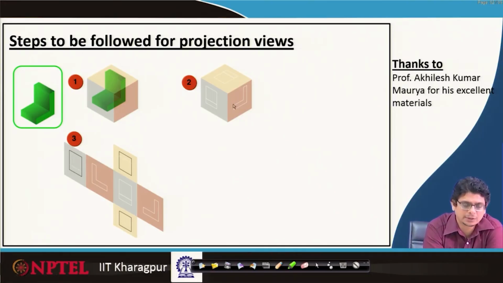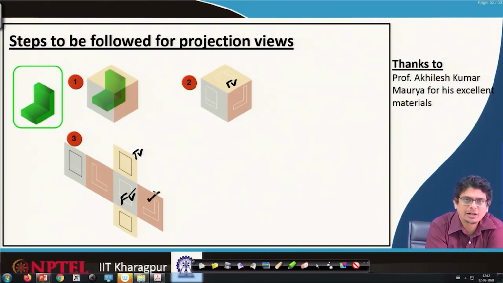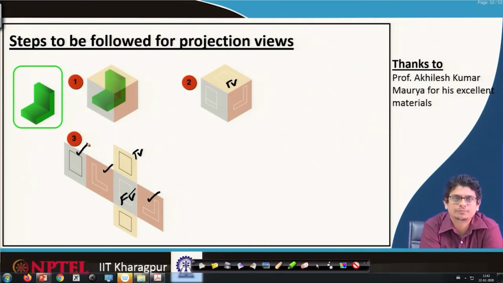Then unfold this box. The front view comes at this level, the top view comes there, the right side view comes at this level, the left side view comes at that level, and the back side view comes at this level.